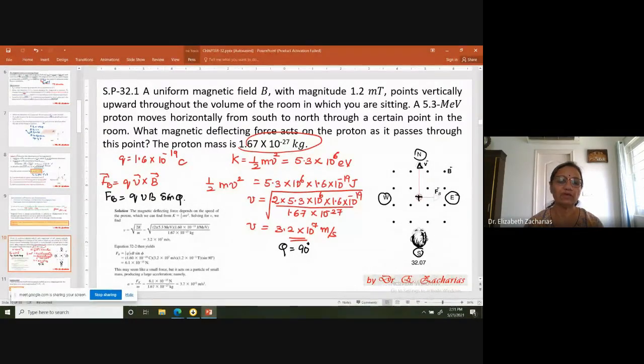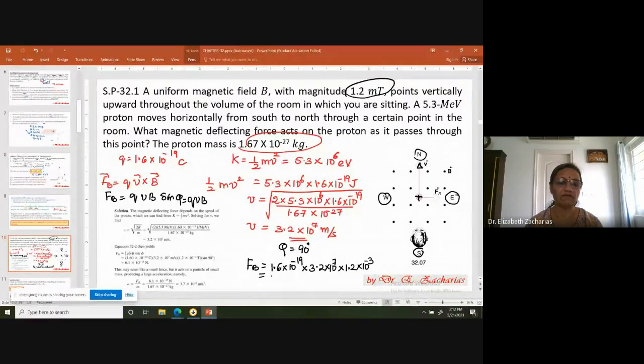So from here you will write FB is equal to QVB. You can find out what FB is if you just substitute charge, velocity, and then magnetic field. So charge is 1.6 into 10 to the power of minus 19, into velocity is 3.2 into 10 to the power of 7, then into magnetic field is 1.2 into 10 to the power of minus 3 Tesla because it is milli Tesla.